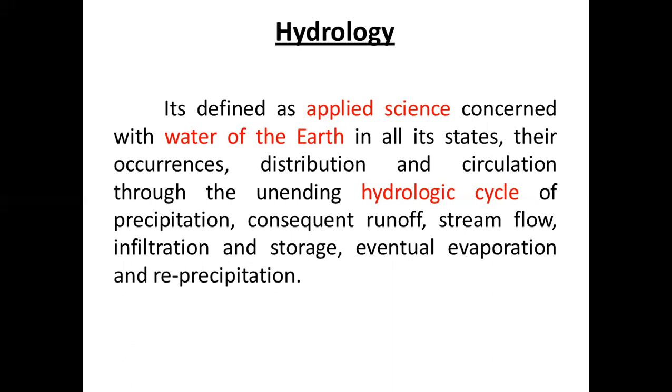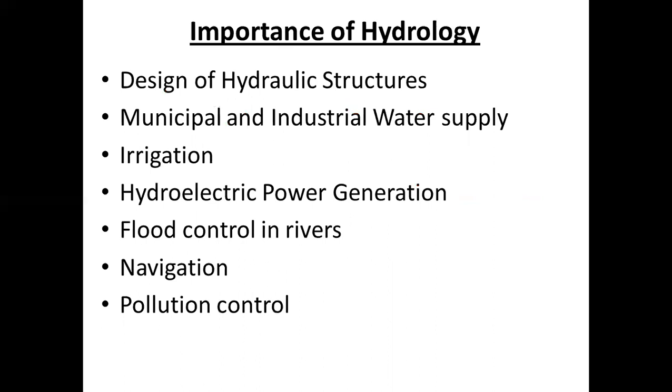Study of water on the land surface is the surface or runoff water. And study of water below the land surface is called groundwater or percolation. Okay, so hydrology is nothing but we're going to study the different forms of water above, on the land, and below the land surface. Okay, next is importance of hydrology.